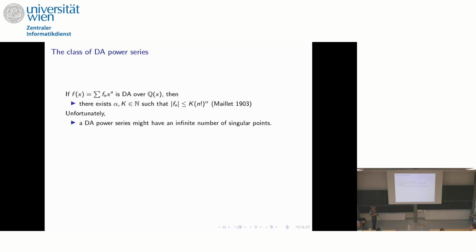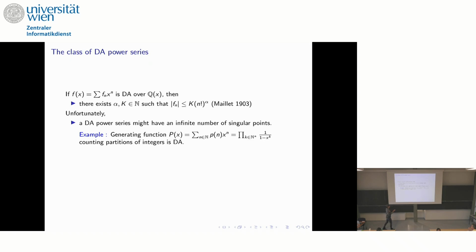Another thing that is unfortunate is that a differentially algebraic power series might have an infinite number of singular points. So we have the same example. I didn't copy Aline's slides. So the generating function of partitions of integers, where you want to count the number of ways of writing a given integer n as the sum of smaller integers.